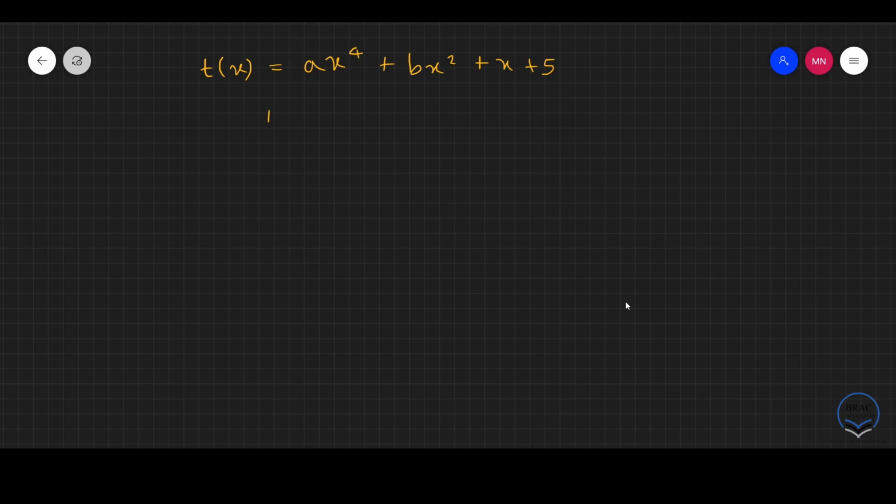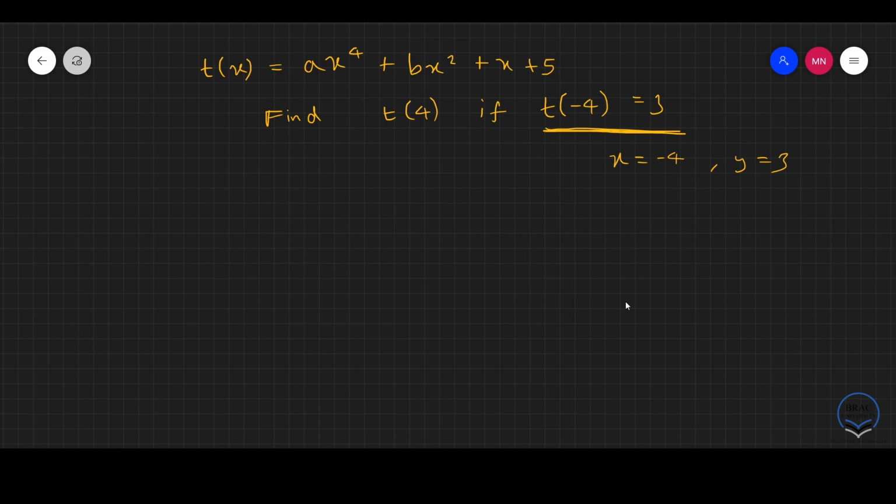Now we have to find t of 4 if t of minus 4 is equal to 3. So we have this vital piece of information given to us: when x is equal to minus 4, our output is equal to 3.